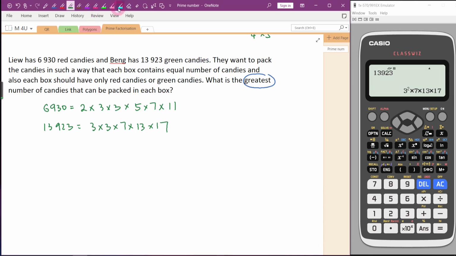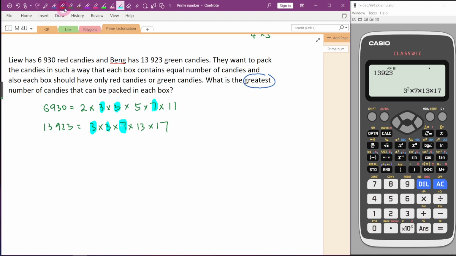So now this is HCF, right? So we look at common factors. Here we have a 3, here we have another 3, one pair, and then we have 7, 7. That's all.